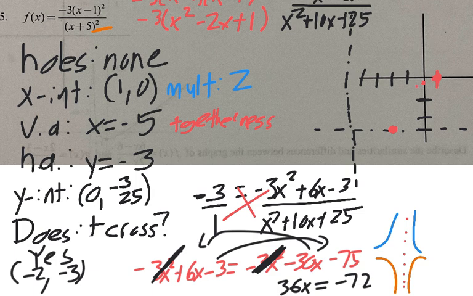Let's see, if I have to be here and I have to bounce, is it ever going to cross the x-axis again? No. So what's it going to do as the x's get really big? It's going to decrease and get closer and closer to the horizontal asymptote, which is -3.